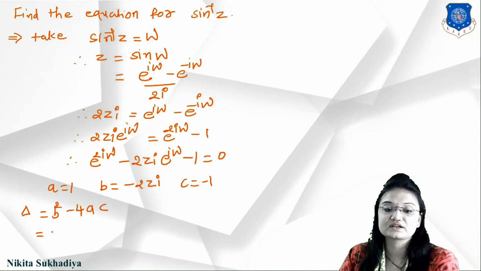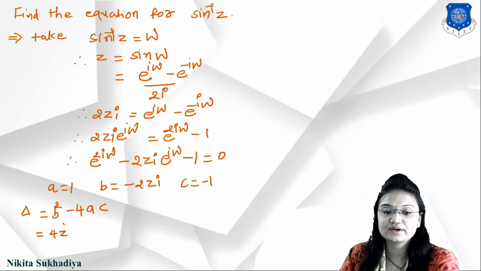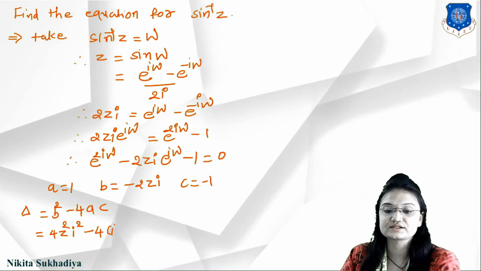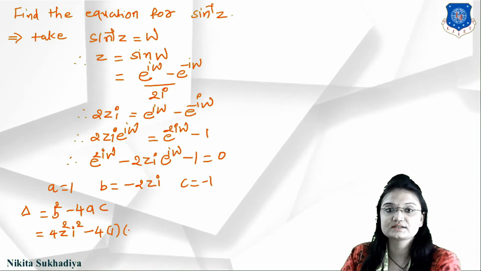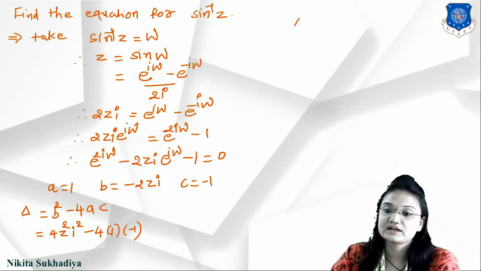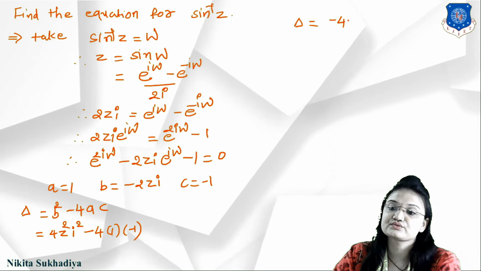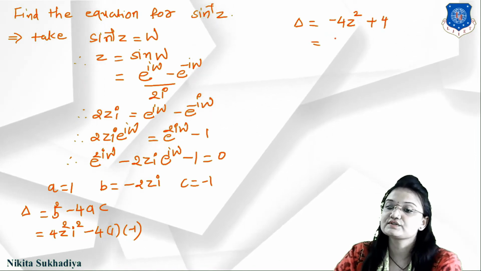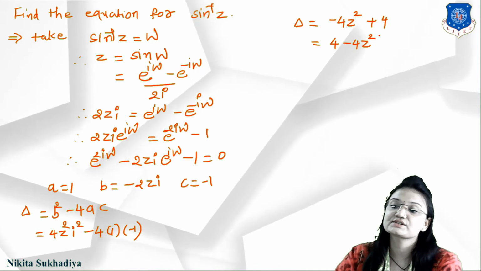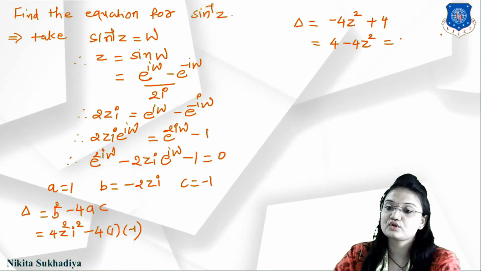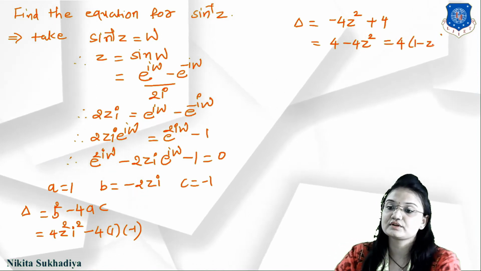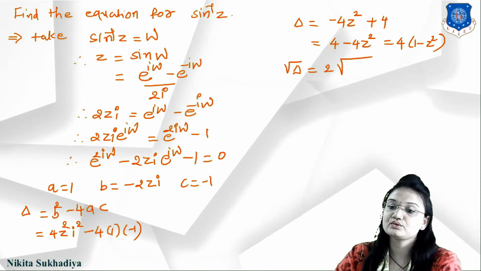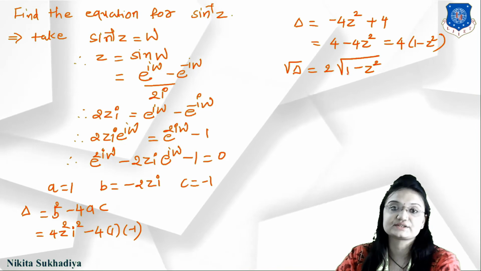So b square, that is 4z square i square, minus 4 into a is 1, c is minus 1. So delta will become minus 4z square plus 4, so this will become 4 minus 4z square. By taking 4 common, this will become 4 into (1 minus z square). So under root of delta is nothing but 2 under root of 1 minus z square.